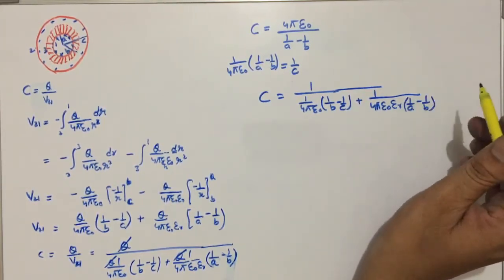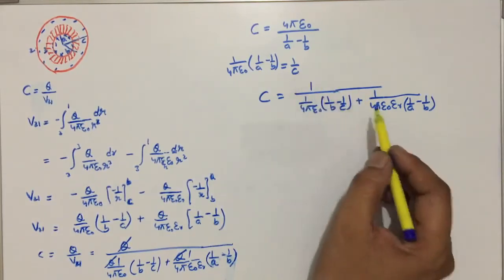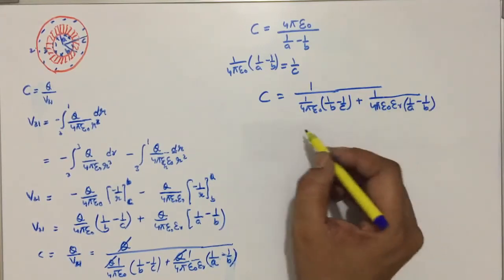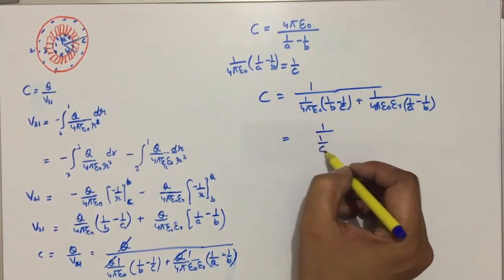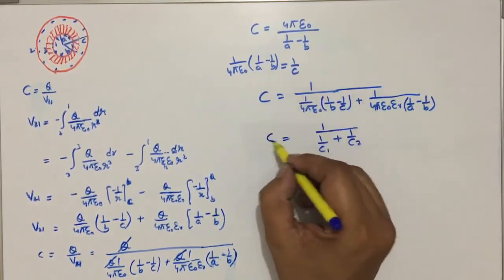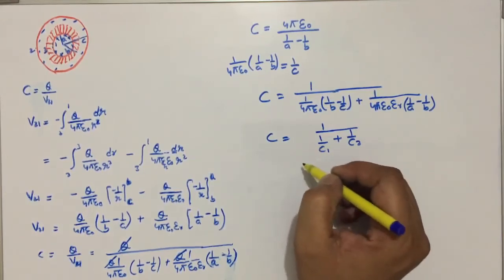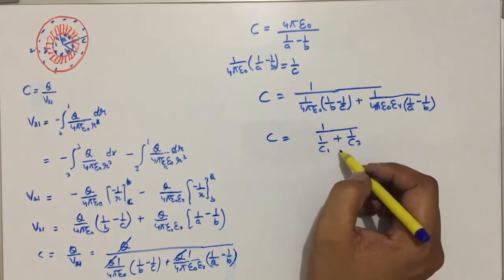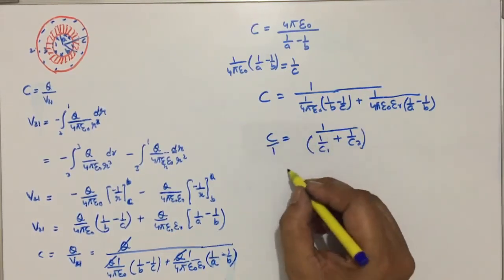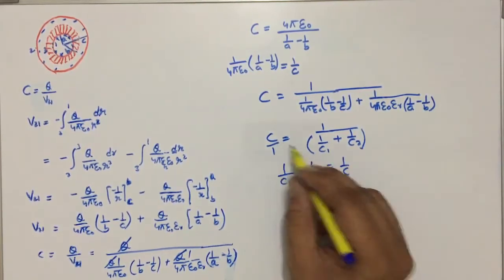Then this can be written as 1 by C1, and this as 1 by C2. So here it can be written as 1 by C1 plus 1 by C2. Relating this from here, bring this again, do cross multiplication, and 1 by C1 plus 1 by C2 is equal to 1 by C.